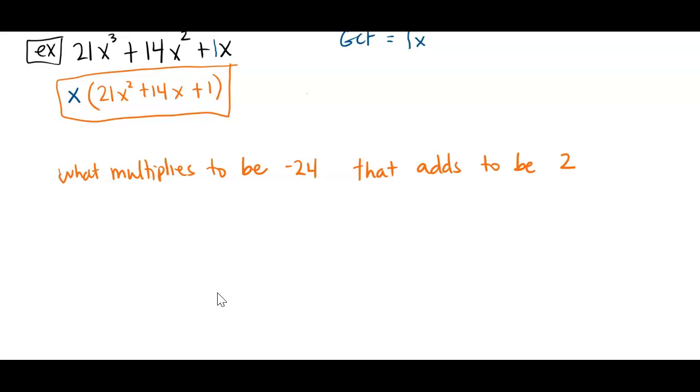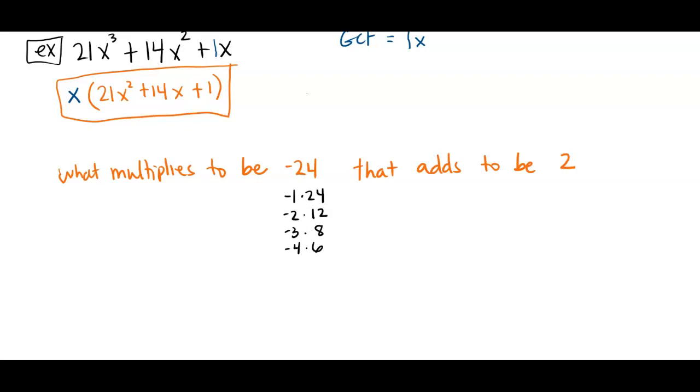Okay, what do you guys think? Okay, yeah, so positive 6 and negative 4. So if we're thinking what times what is negative 24, if we went through all of our possibilities, because sometimes you'll have to do that: negative 1 times 24, maybe negative 2 times 12, negative 3 times 8, negative 4 times 6.